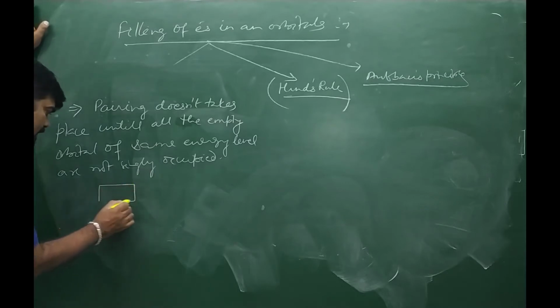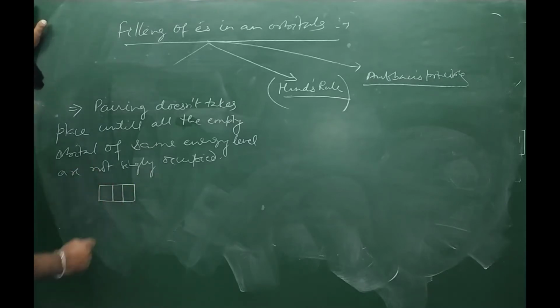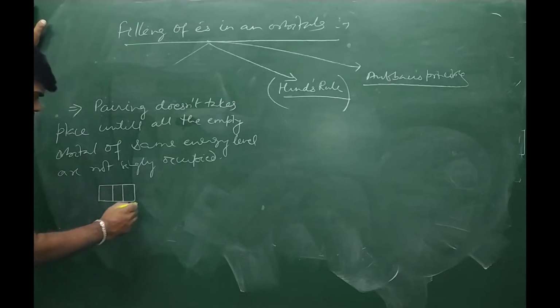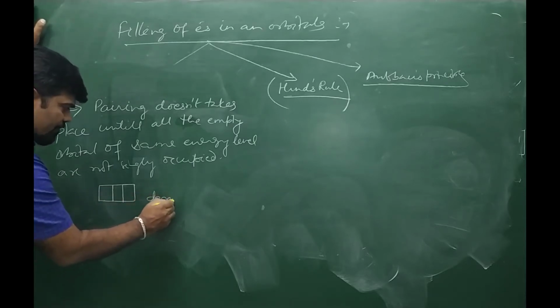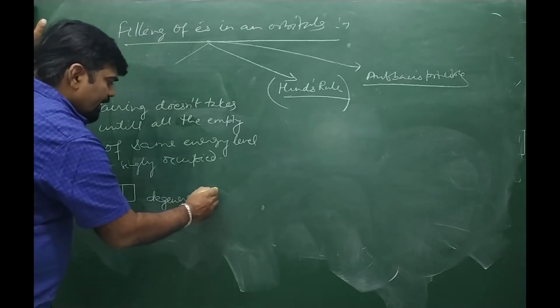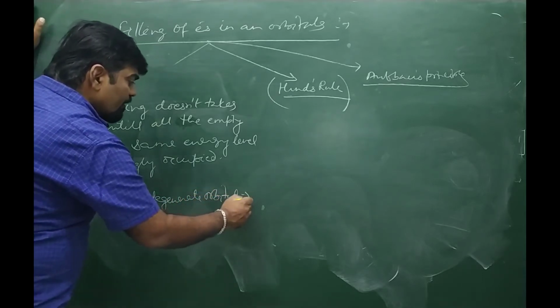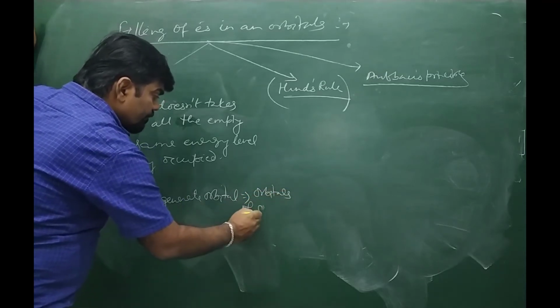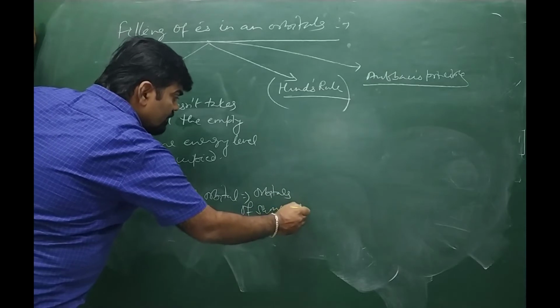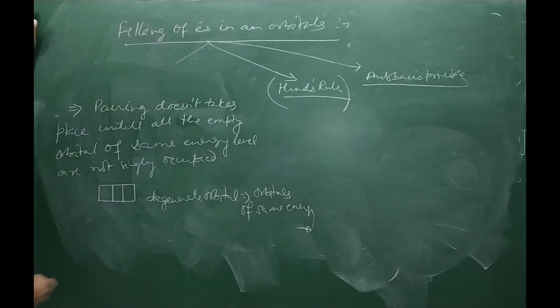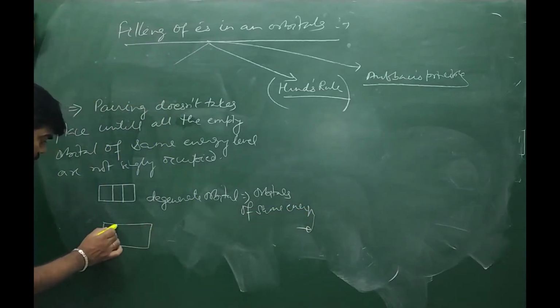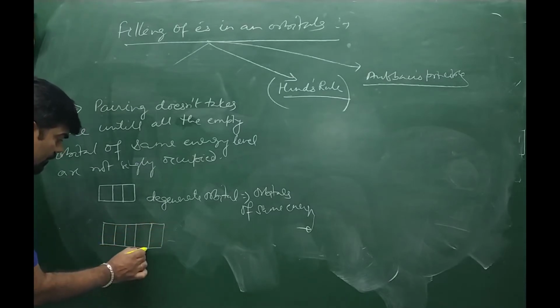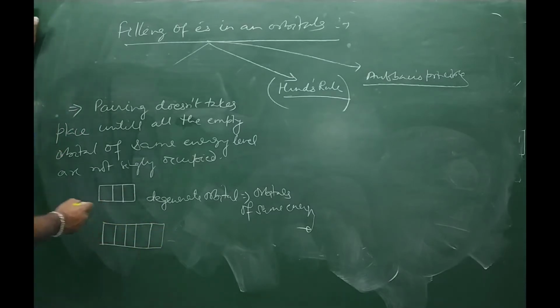Orbitals of the same energy level are called degenerate orbitals. So px, py, pz are called degenerate orbitals, that is, orbitals of the same energy. D orbitals have 5 degenerate orbitals. Therefore the p subshell has 3-fold degeneracy, and the d subshell has 5-fold degeneracy.